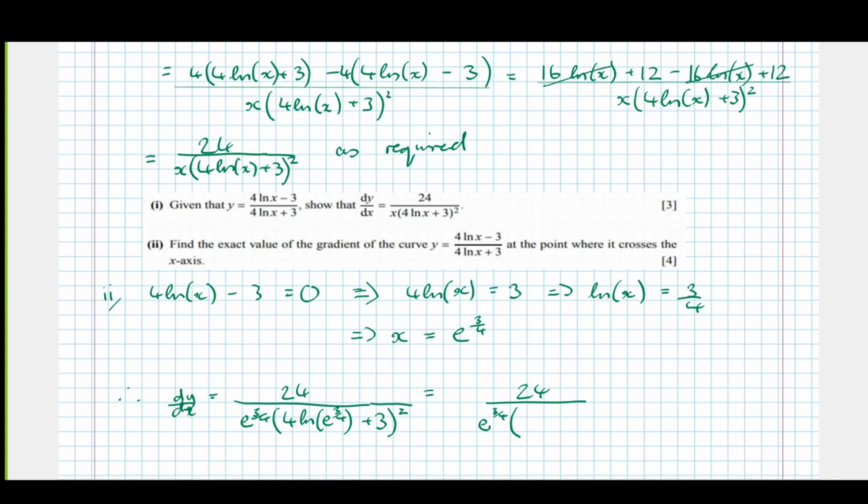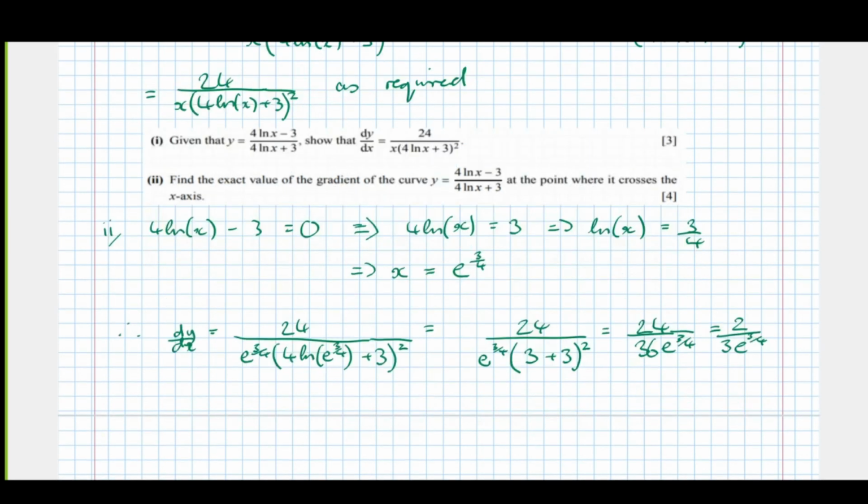So 4 times 3/4 is 3, plus 3 squared equals 24 over 6 squared, which is 36, e to the 3/4. So that's 2 over 3 e to the 3/4, which is our final answer. Or alternatively, don't have to put it like this, could have 2/3 e to the minus 3/4, which is an equivalent answer as well. That's that, done.